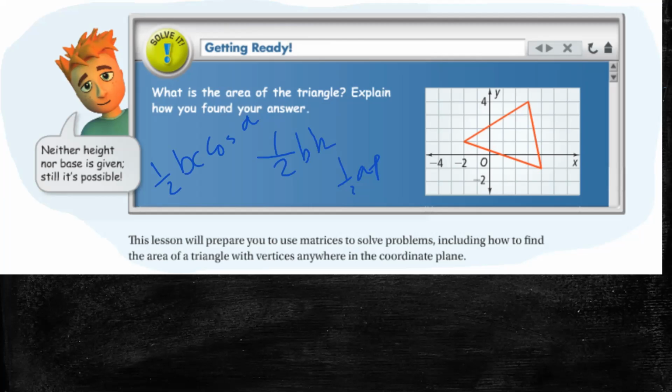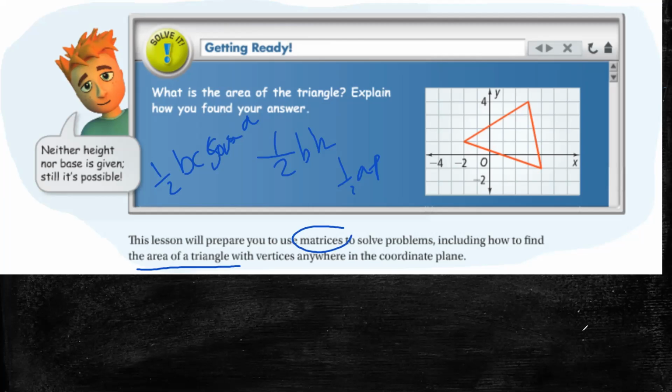Shouldn't we have BC sine A? I forget, is it sine? Okay, but here neither the base nor the height is given. I need to find the area of the triangle. What do I have to do? In this lesson, we will learn how we can also use the matrices to find the area of the triangle.